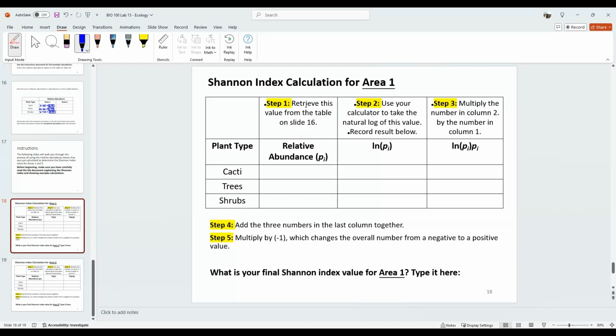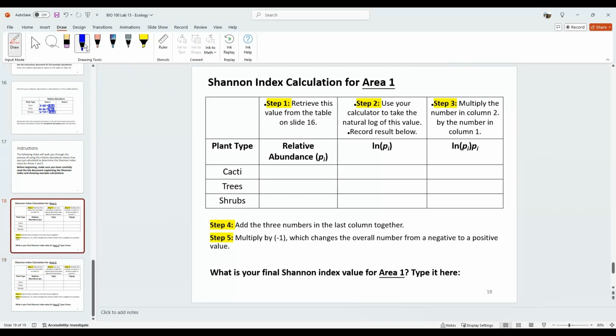So for step 1, you're going to take the relative abundance value that you calculated in slide 16. And by the way, this slide right here, 18, pertains to area 1, and this one pertains to area 2. So you have two separate slides, one for area 1, one for area 2.